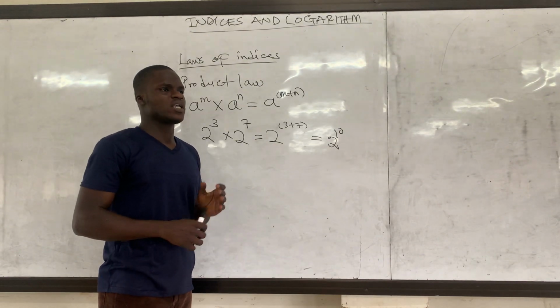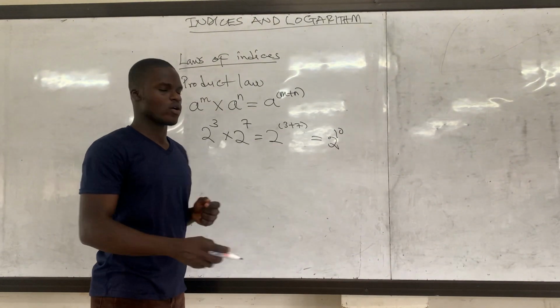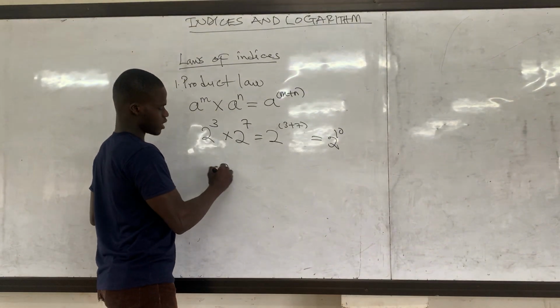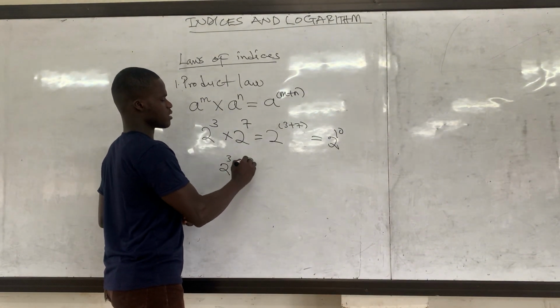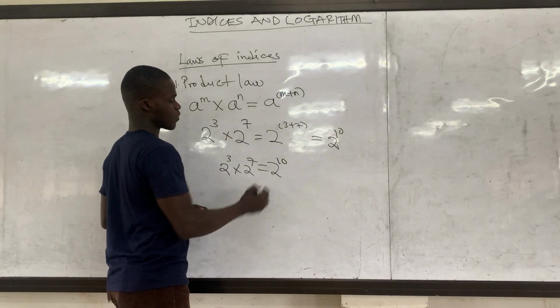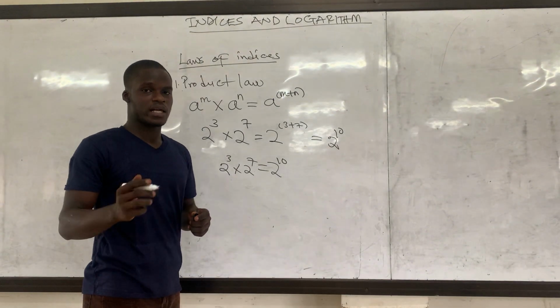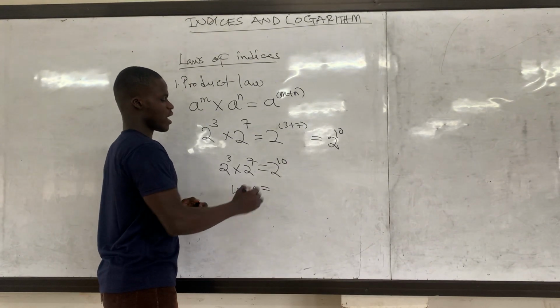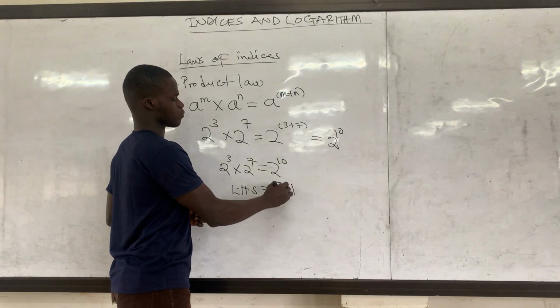So the answer for 2 exponent 3 times 2 exponent 7 is the same as 2 exponent 10. So in mathematics, we have something called LHS. So let's say 2 exponent 3 times 2 exponent 7 is equal to 2 exponent 10. In mathematics, we have something called the LHS, so this side, and then we have RHS.